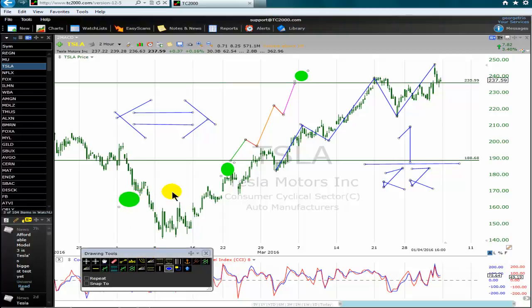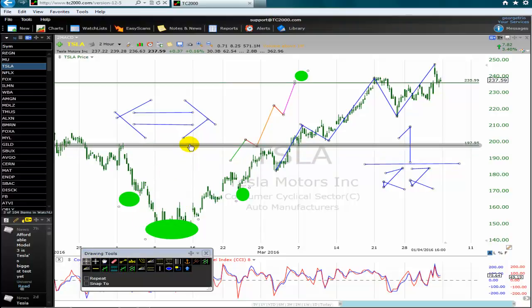Tesla Motor has formed an inverted head and shoulder chart pattern here. If you want to know how to trade the inverted head and shoulder chart pattern like a pro, you will go to the Joe Trio YouTube channel. And the price from an inverted head and shoulder chart pattern.